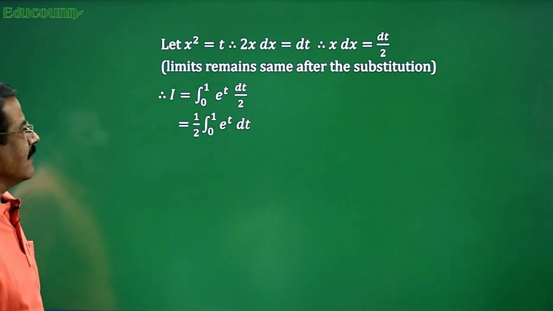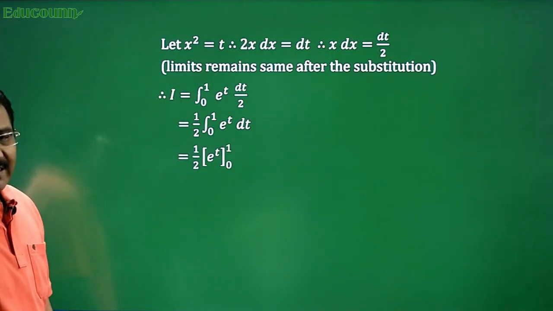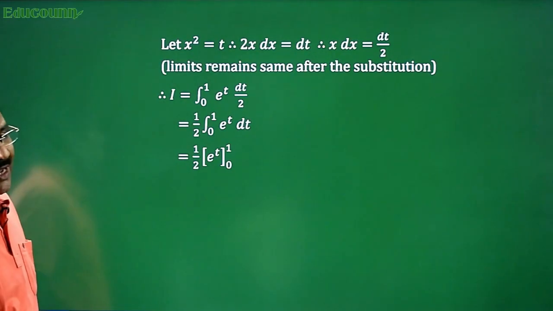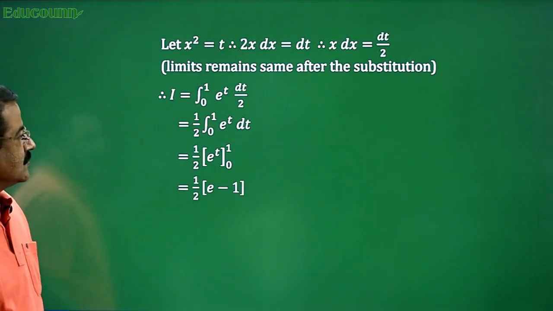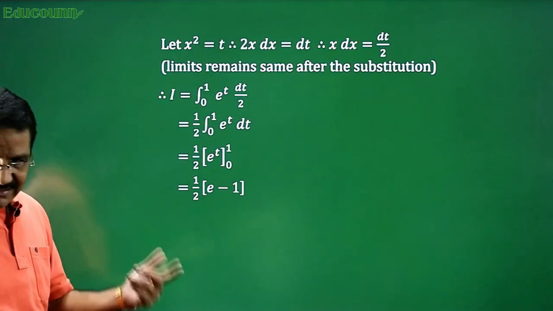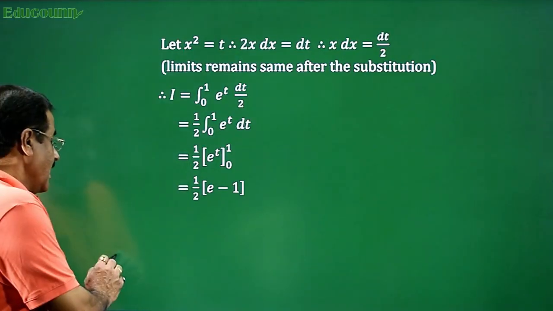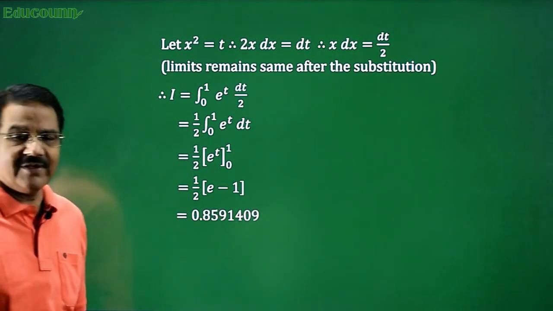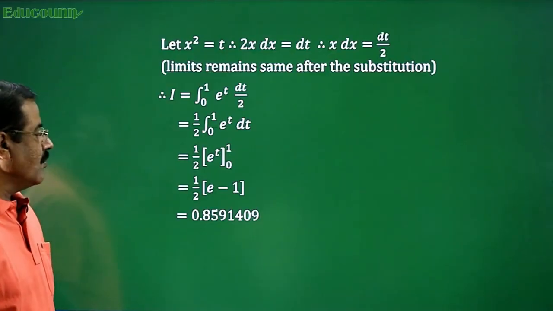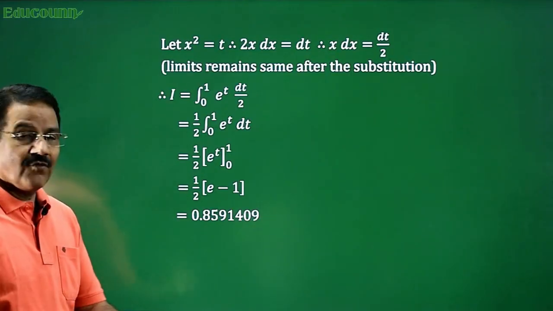1 by 2 we can take outside, and then we know that integration of e raised to t is e raised to t. Let us put upper limit and lower limit. So here we get e raised to 1, that is e, minus e raised to 0, that is 1. And now by putting the value of e, you know the approximate value is 2.71, so this is the value 0.8591409.